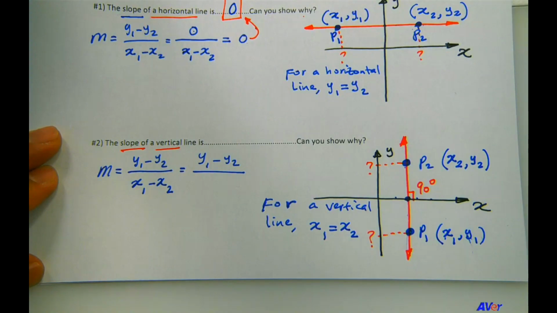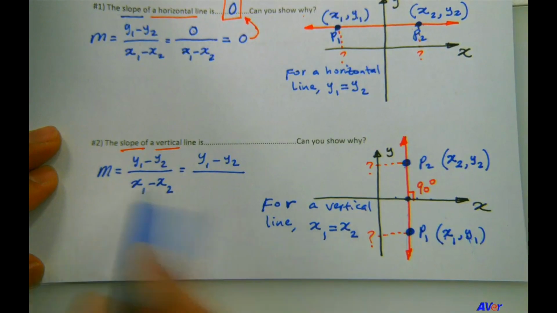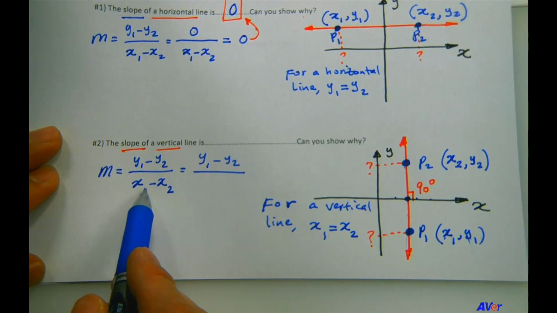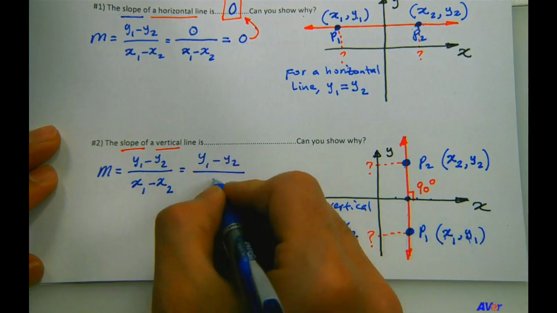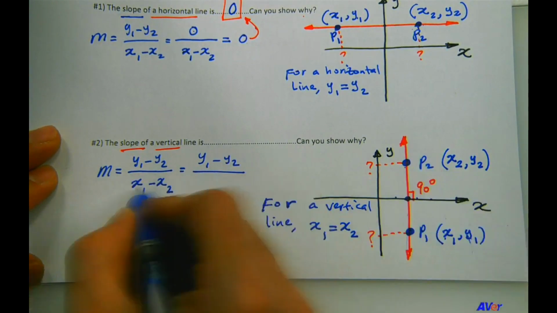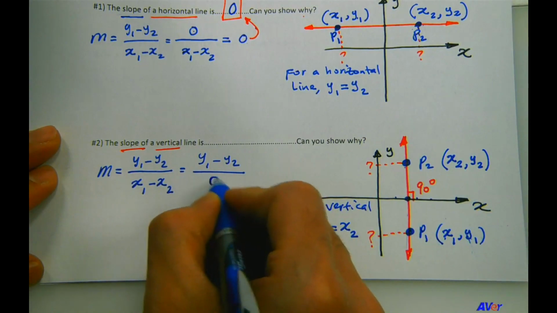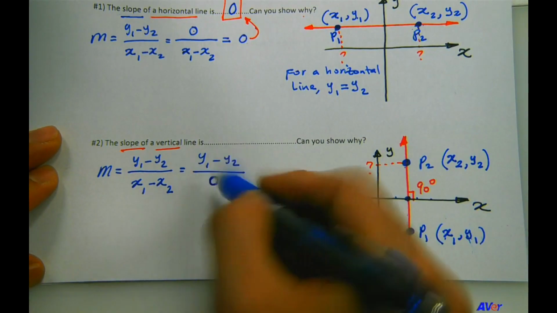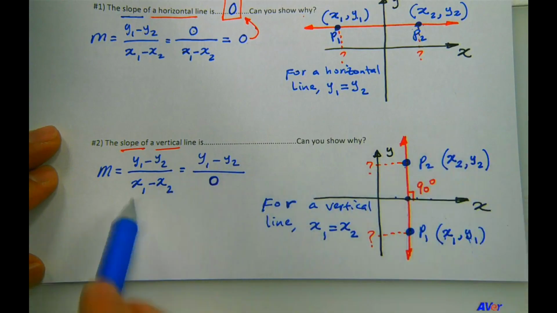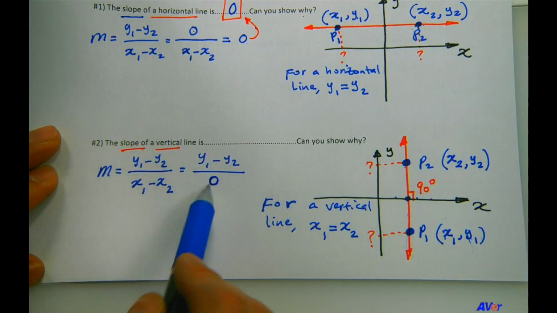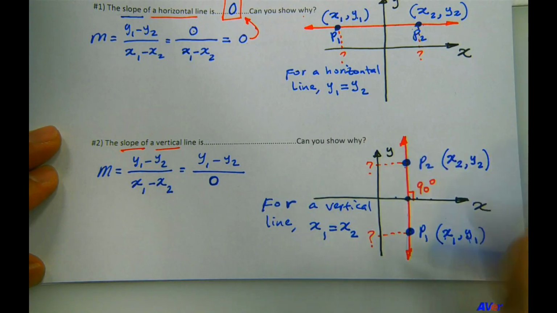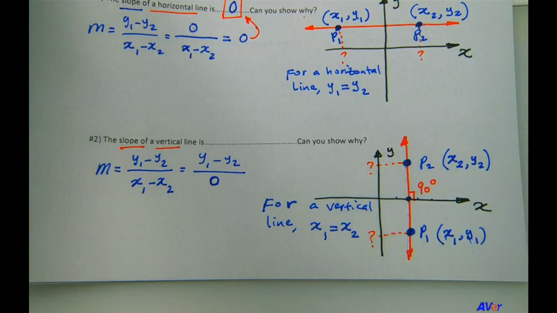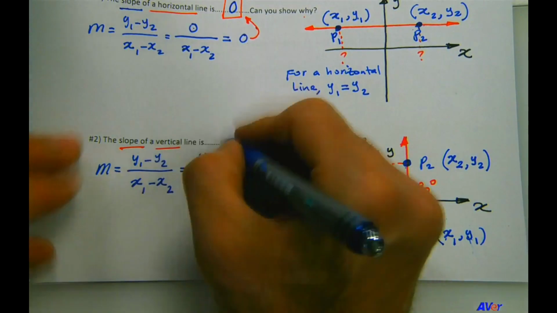Okay, the same value. If x1 and x2 are the same, what would this difference be? It would have to be 0. If x1 and x2 are the same for a vertical line, then the difference has to be 0, right? So because for a vertical line, the denominator of this formula is always 0, we say that the slope of a vertical line is always undefined.